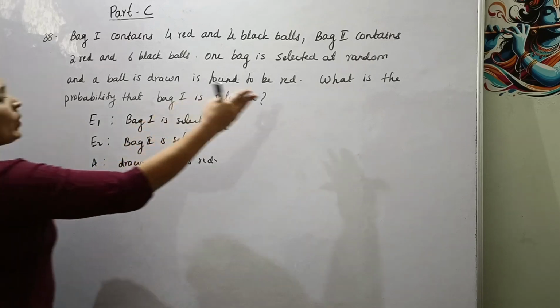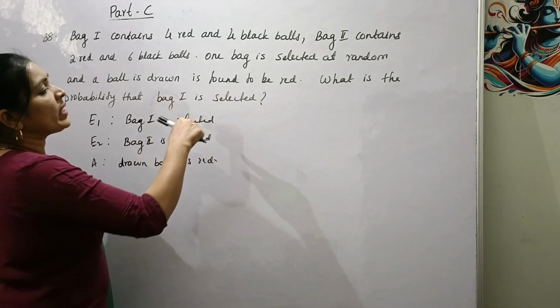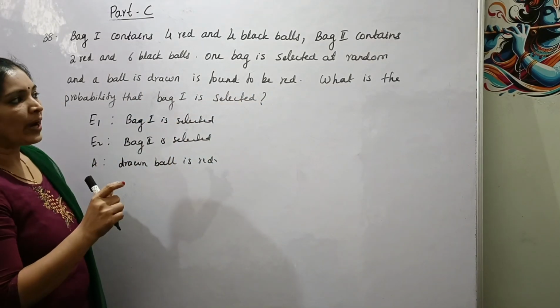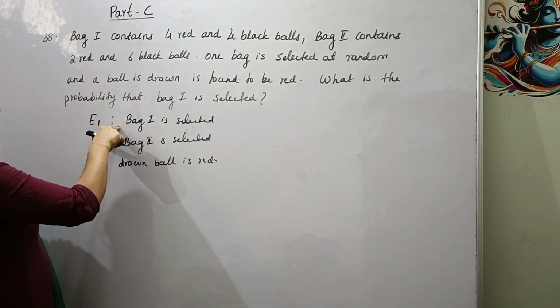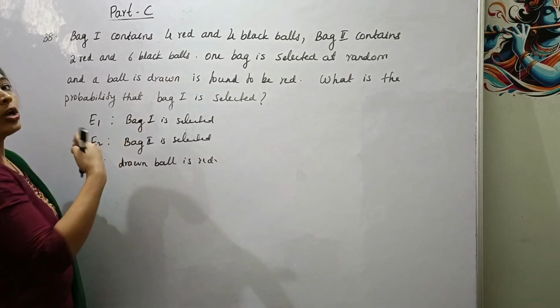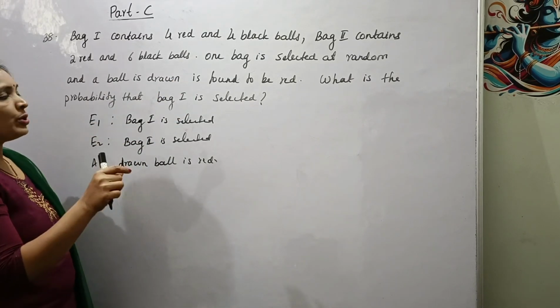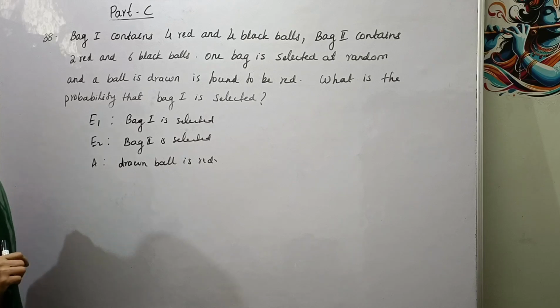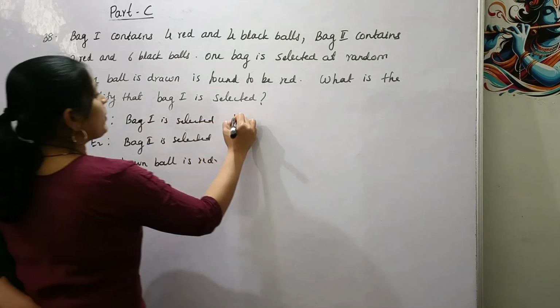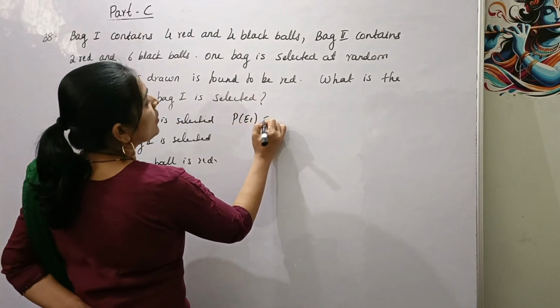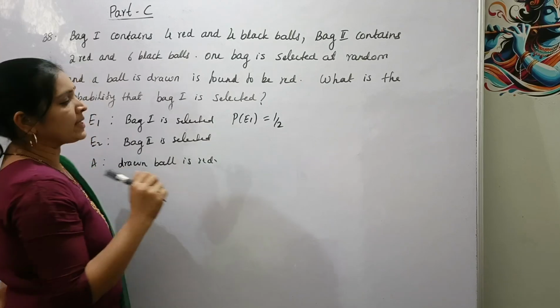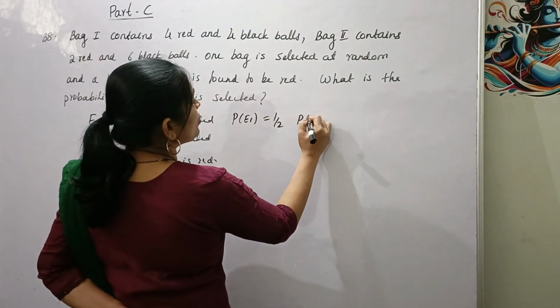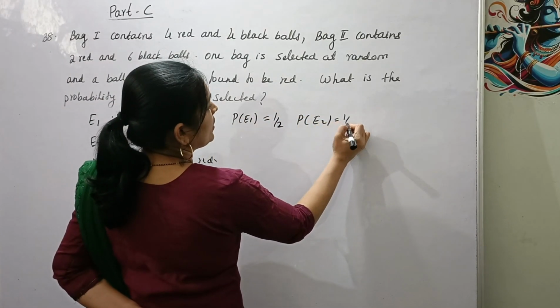What we have to find is the probability that bag 1 is selected, so we have to find the probability of E1 given that the drawn ball is red, that is probability of E1 given A. What is the probability of E1? 1 by 2, there are total 2 bags. So probability of E2 is 1 by 2.